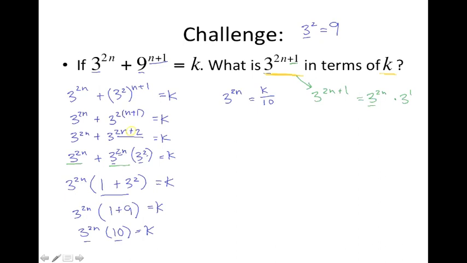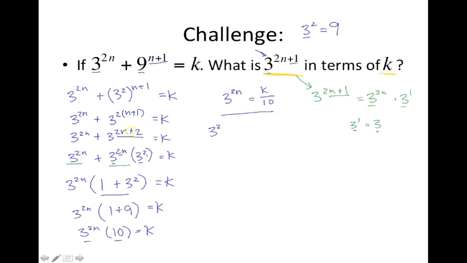Because here we're multiplying something with the same base, and so we add the exponents. And we know that 3 to the 1 is equal to 3. So let's multiply both sides of this equation by 3 to the 1, or 3, so that we can have the left-hand side look like what we want.